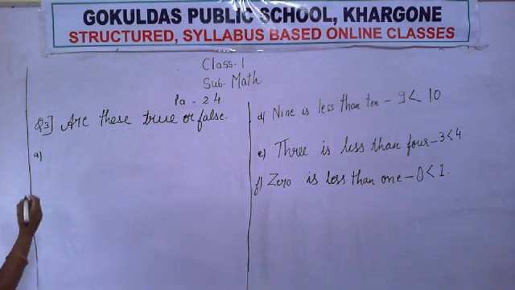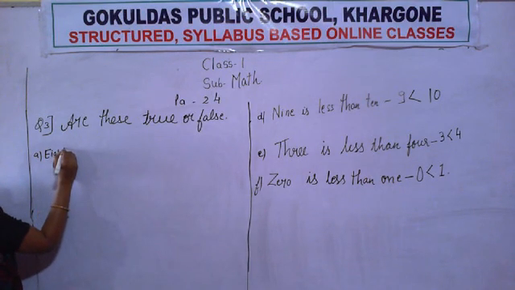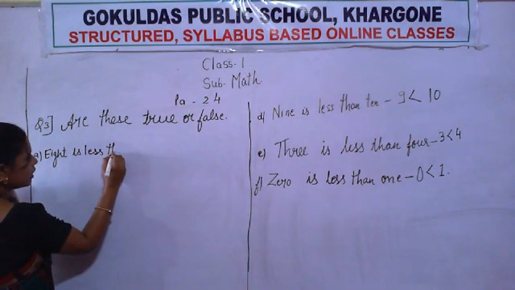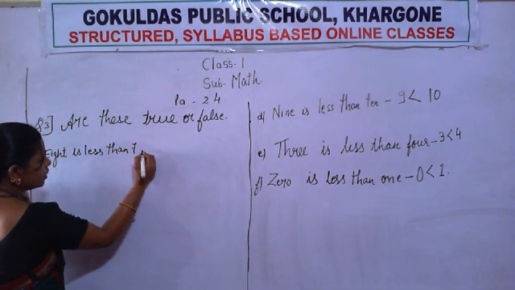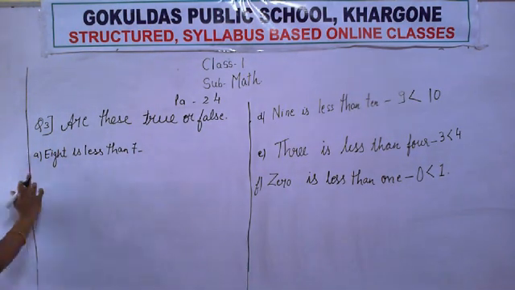What is the first? 8 is less than 7. How do we write this statement in the form of number and symbol?